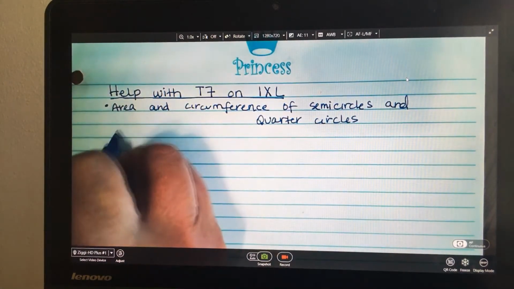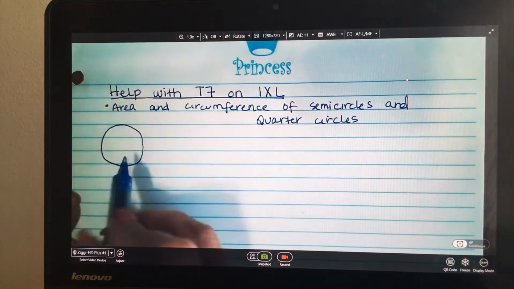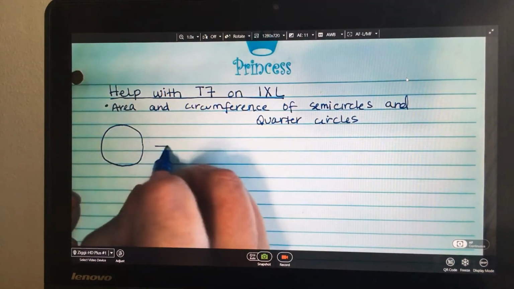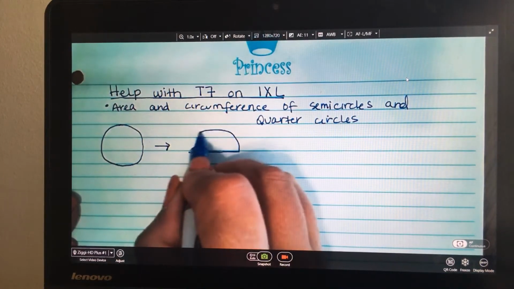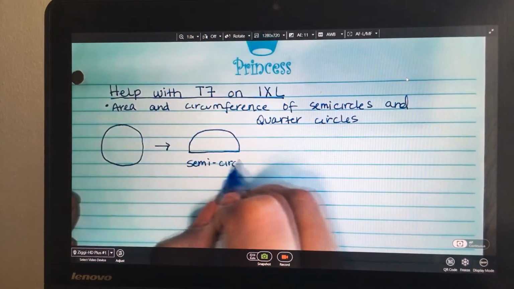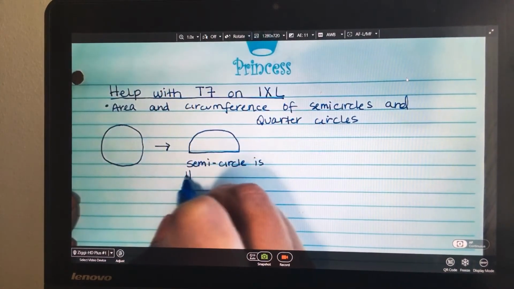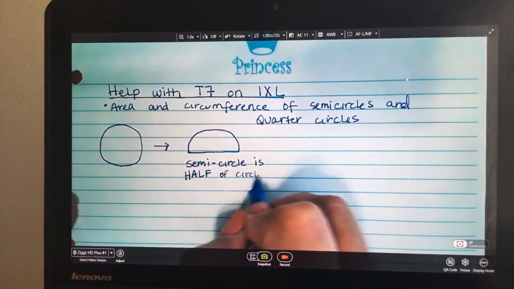So again, we've been working with circles, but what if we don't have a full circle? What if we have instead a semicircle? A semicircle is half of a circle.